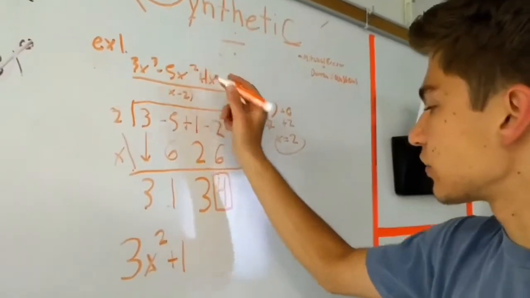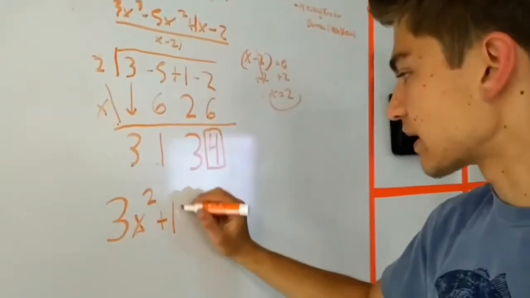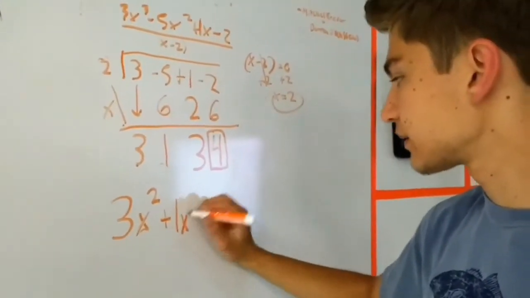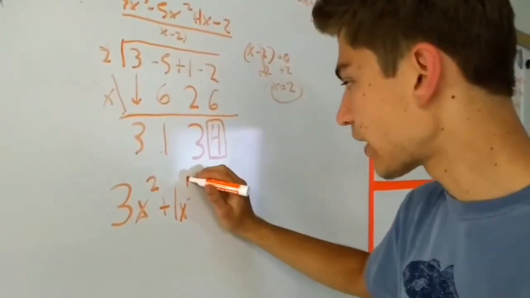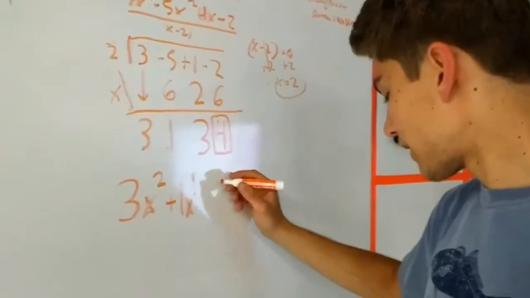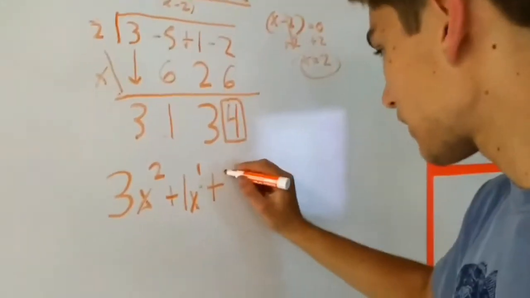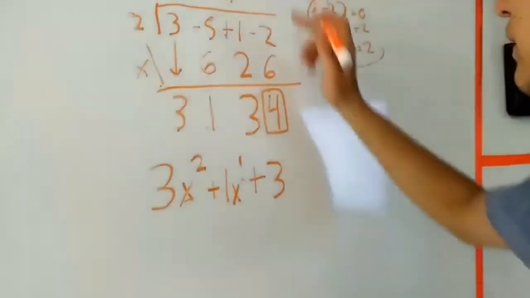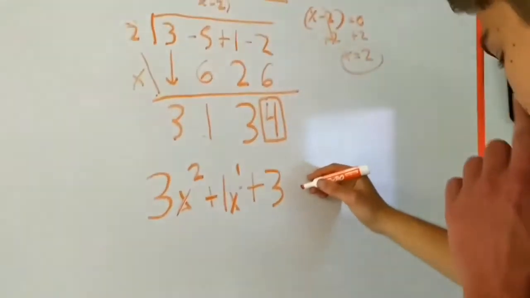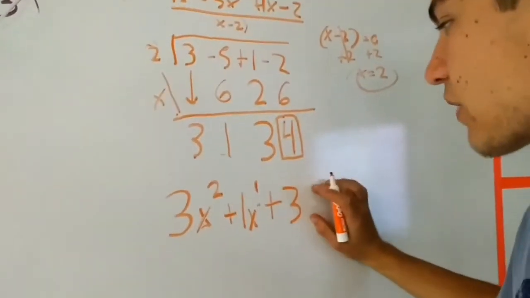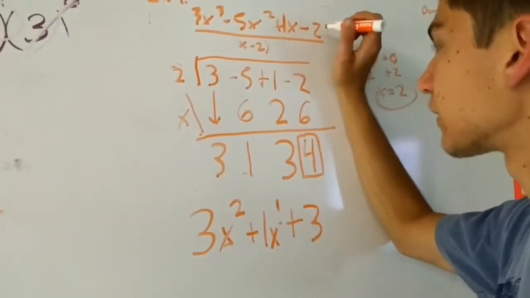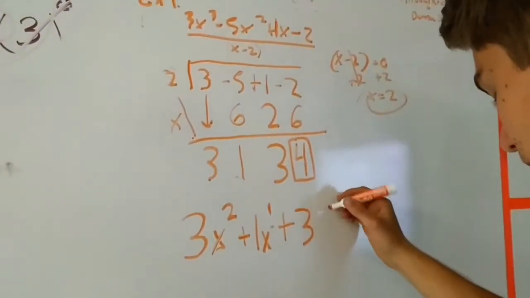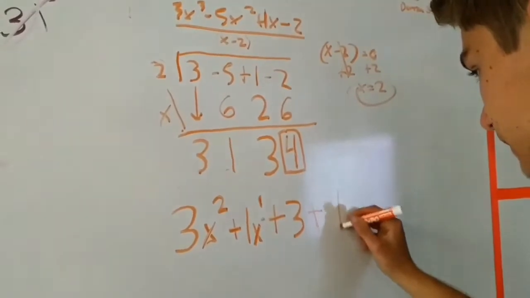And then since this was 2, this is now going to be x to the first. Or that could be invisible, but we'll write it to show you. And then plus 3. That's going to be without an x, because that's the next order in this. Plus 4.